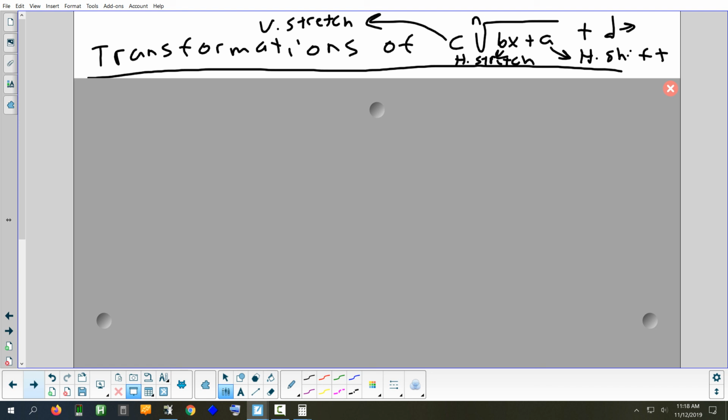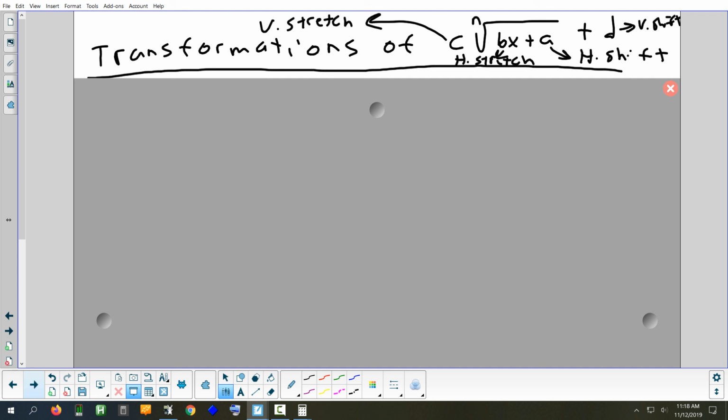And we know what adding and subtracting did inside. What does it do outside? That's a vertical shift. And I did A, B, C, D because if you have to describe the transformations, that's the order you do them in: horizontal shift, stretch, vertical stretch, shift.